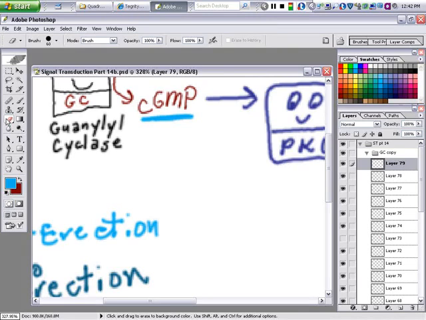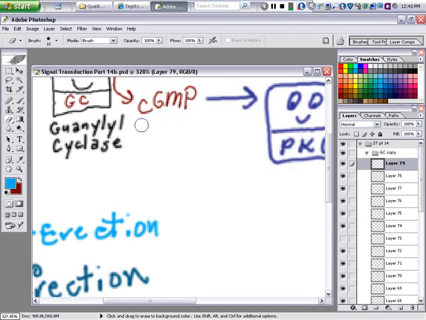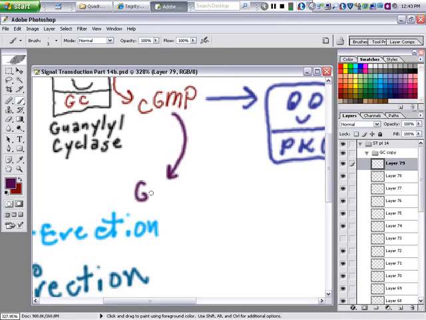So what happens in the normal situation? Let's get rid of this. To get rid of that cyclic GMP here, there's going to be an enzyme that's going to convert the cyclic GMP into GMP. And that enzyme, let's see if you all remember.